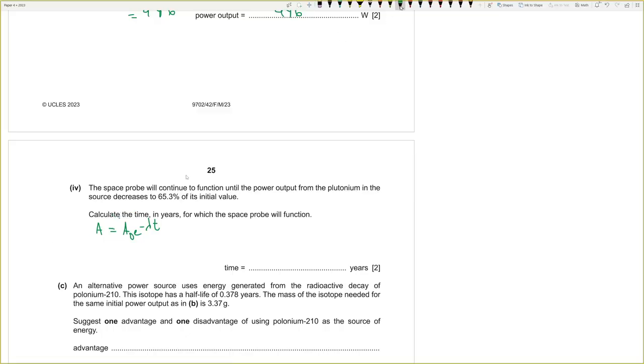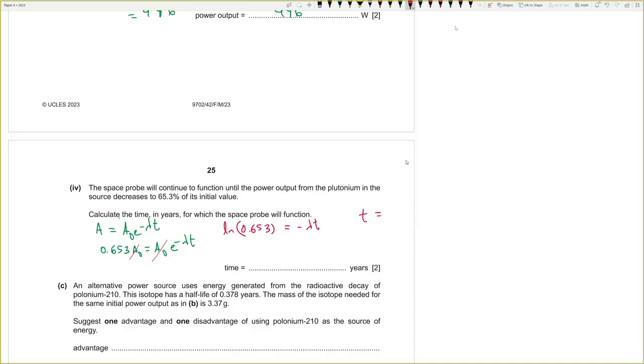So I want the activity to become 0.653 times the initial activity. We can get rid of this on both sides. So we can say that ln 0.653 is equal to minus lambda t.